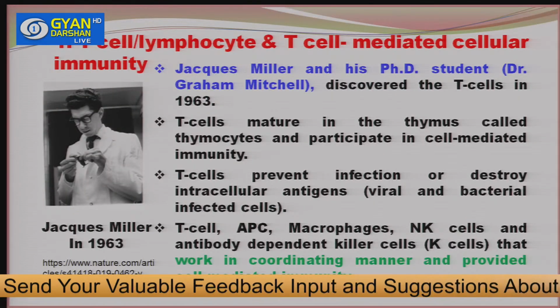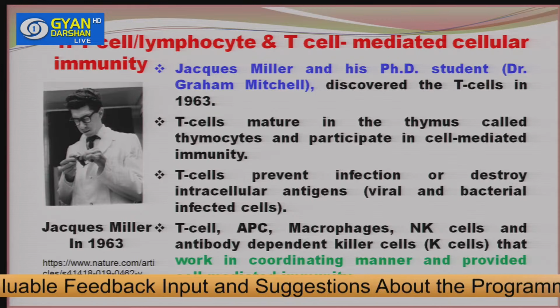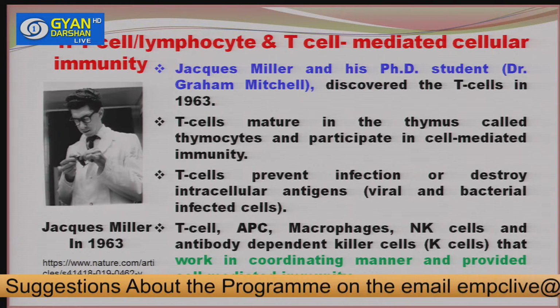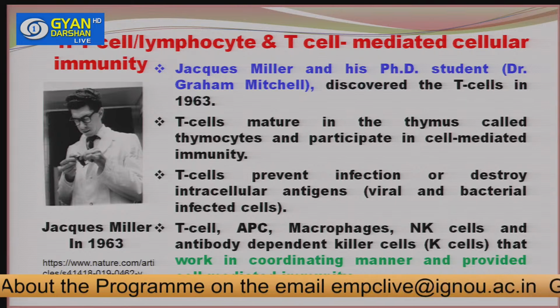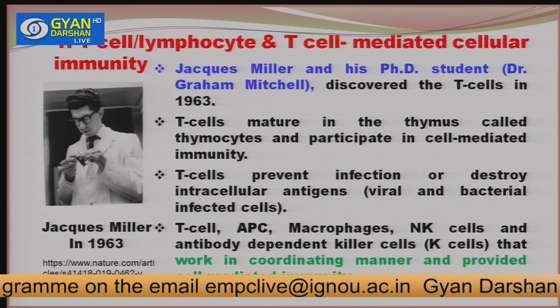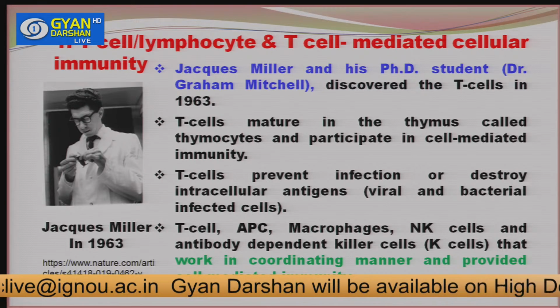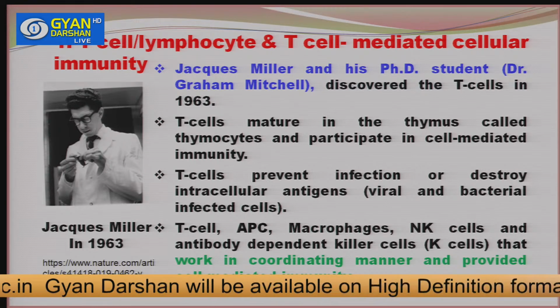In part first, I want to discuss the T lymphocytes and T cell mediated cellular immunity. First of all, Jacques Miller and his PhD student Dr. Graham Mitchell discovered the T cell in 1963.